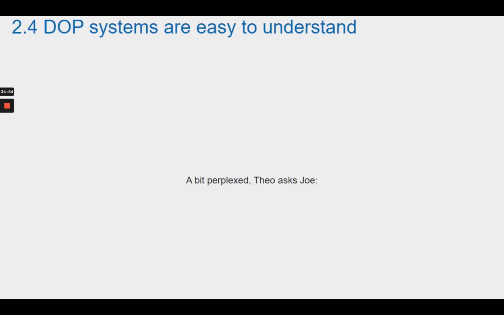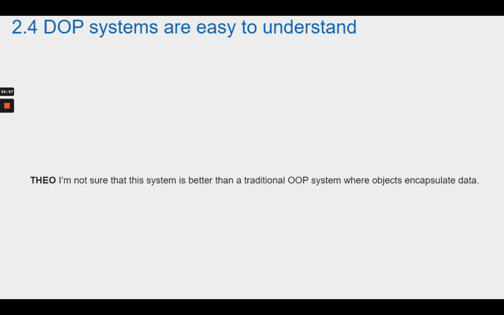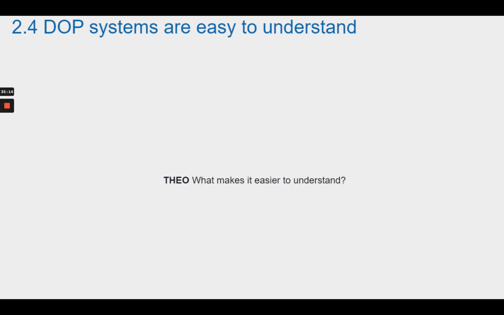A bit perplexed, Theo asks Joe, "I'm not sure that this system is better than a traditional OOP system where objects encapsulate data." Joe: "The main benefit of a DOP system over a traditional OOP system is that it's easier to understand." Theo: "What makes it easier to understand?"